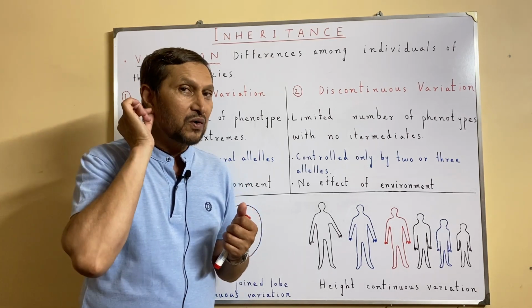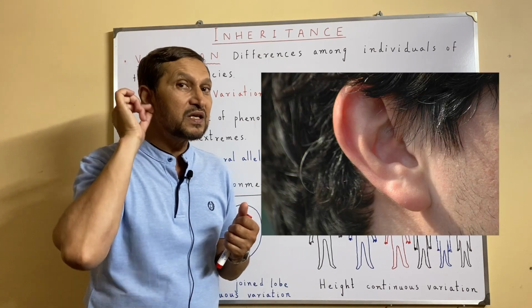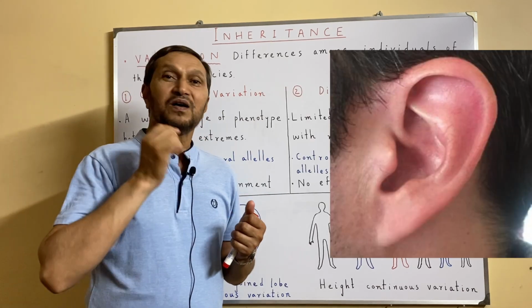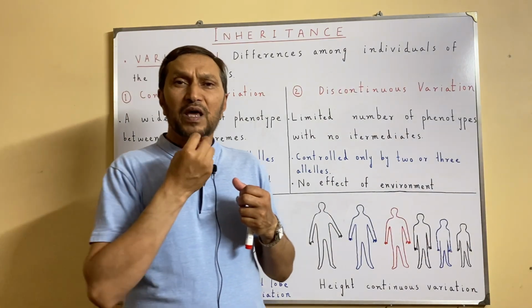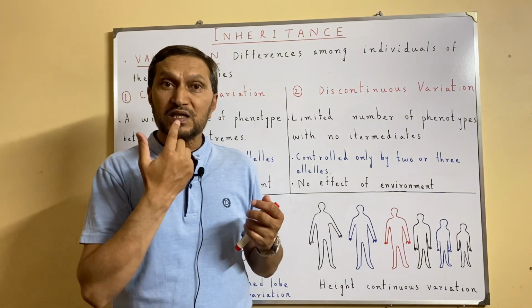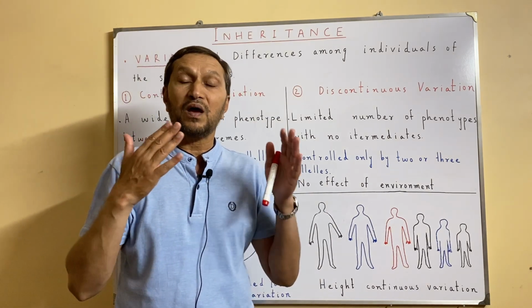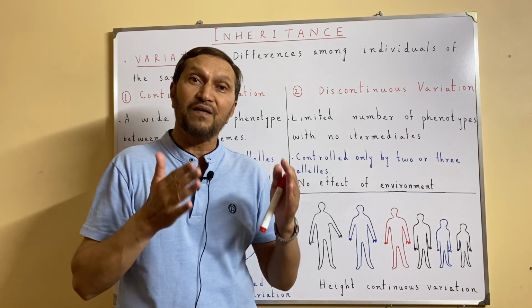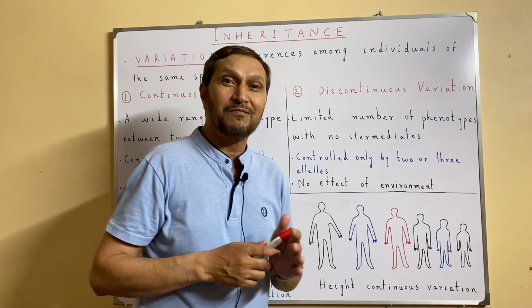Similarly, if we talk about the earlobe, some people have free earlobe, some have joint earlobe, and some can roll the tongue, some cannot roll their tongue. So there are so many features, and for every feature there is a lot of variation.